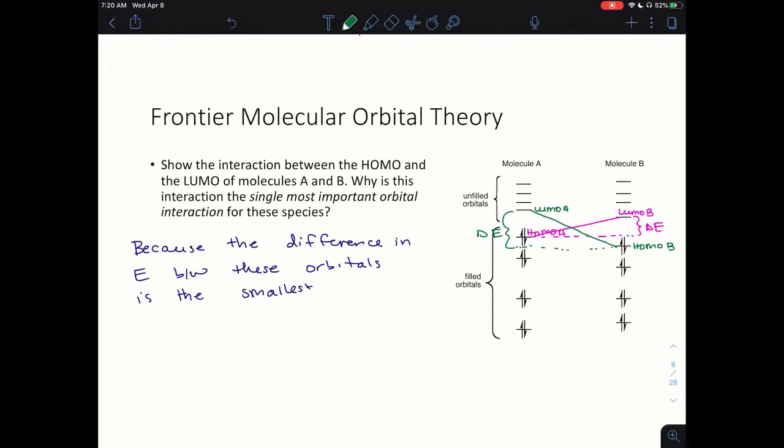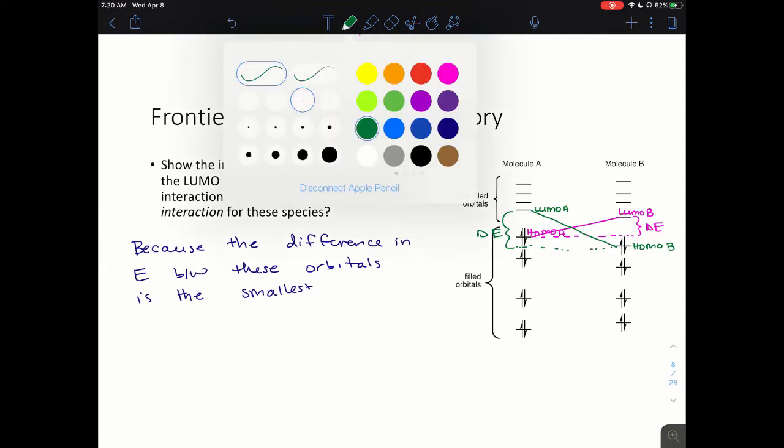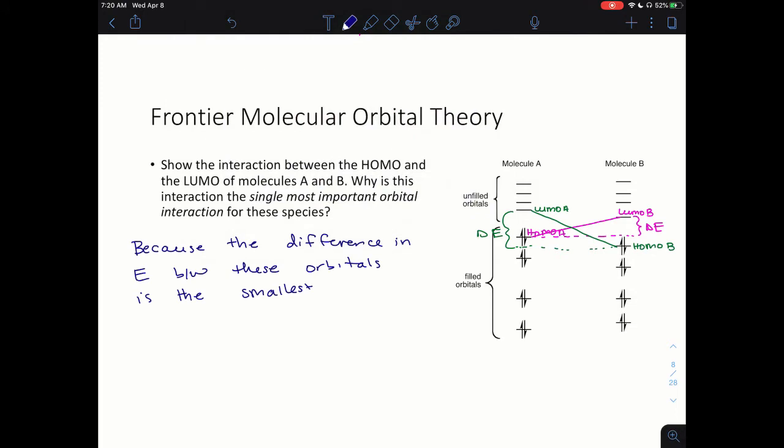So once again, we can show the interactions between the HOMOs and LUMOs of molecules A and B. These interactions are the single most important interaction for these species because the difference in energy between these orbitals is the smallest. And of course, one of the orbitals is filled, that's the HOMO, and the other is unfilled, that's the LUMO.